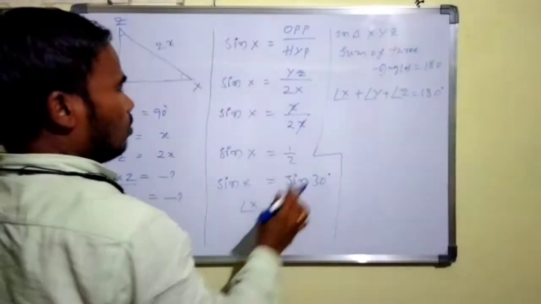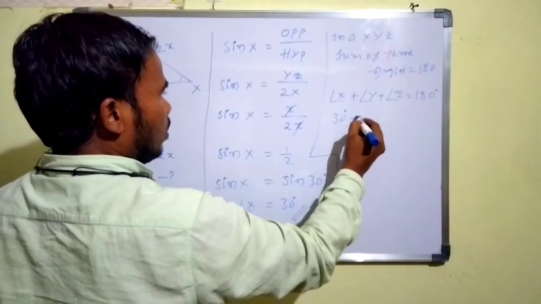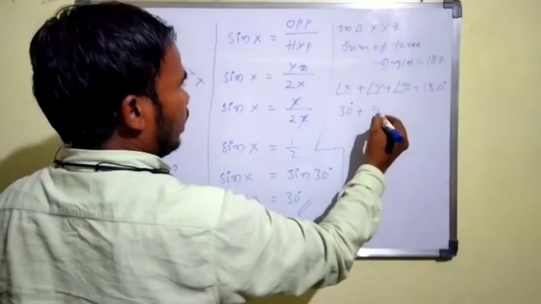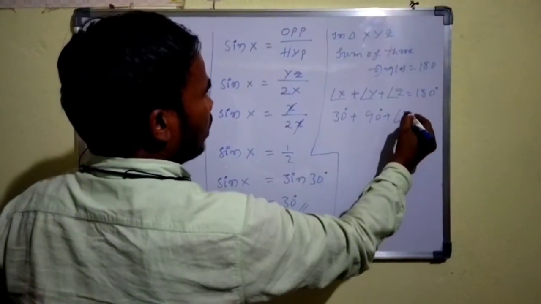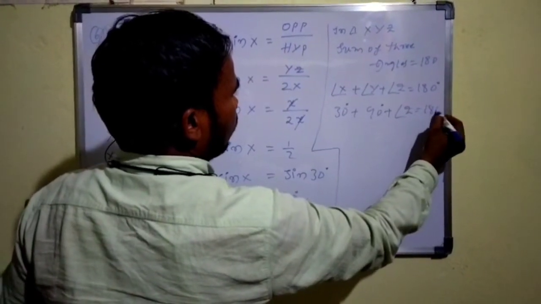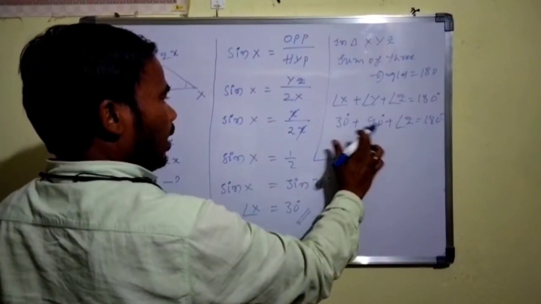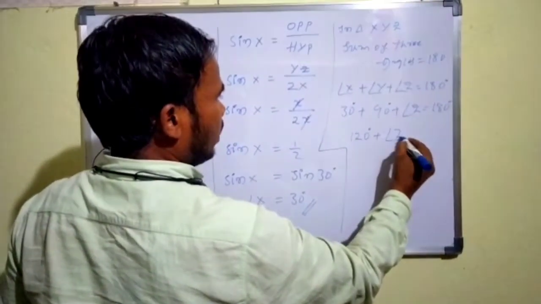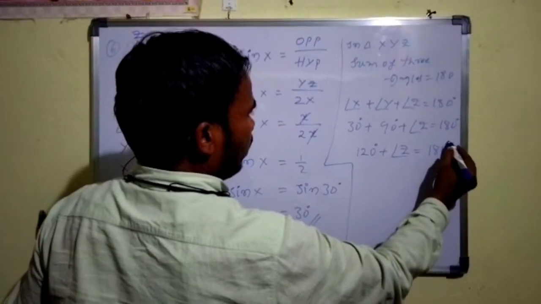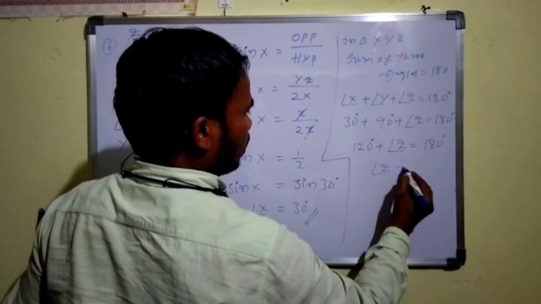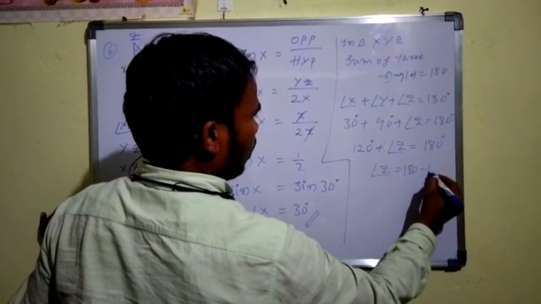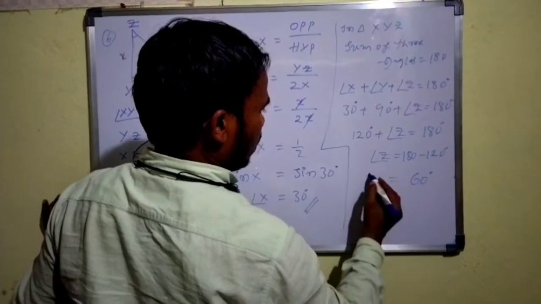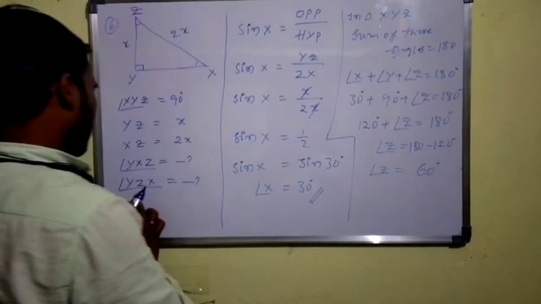Angle X is 30 degrees plus angle Y is 90 degrees plus angle Z, which we are finding. So 90 plus 30 is 120 degrees plus angle Z is equal to 180. So angle Z is equal to 180 minus 120 degrees, which is 60 degrees.